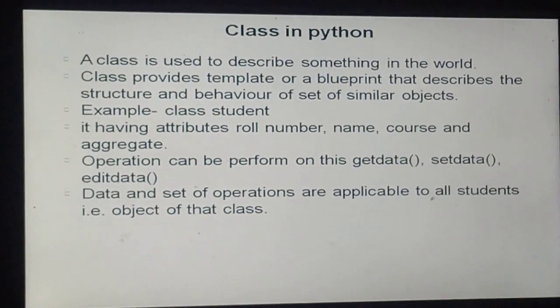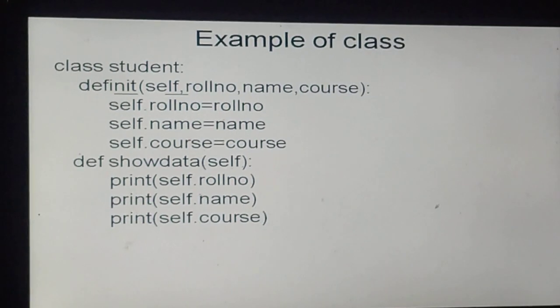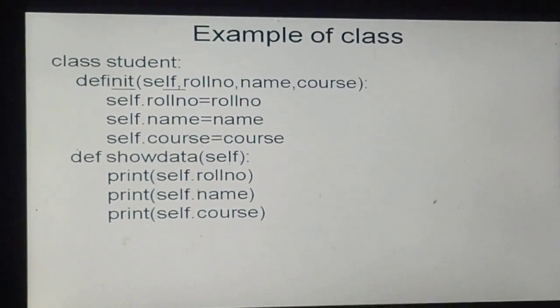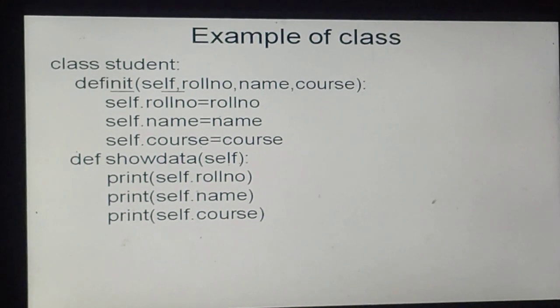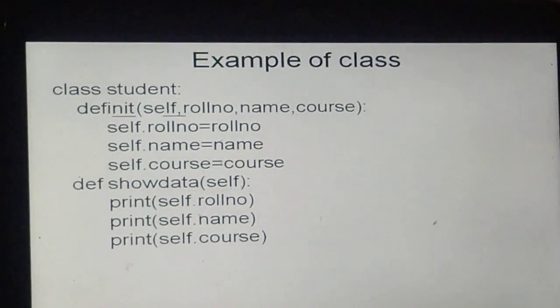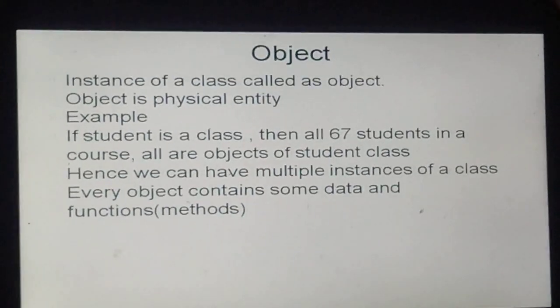The syntax is class and the class name. Make sure that whenever you define a class, you write the class name with a capital letter. Now I'll explain this example once we go for the hands-on session, so don't worry about that.